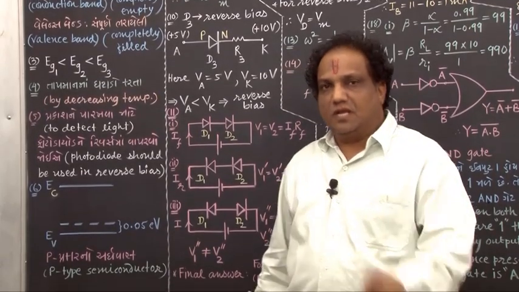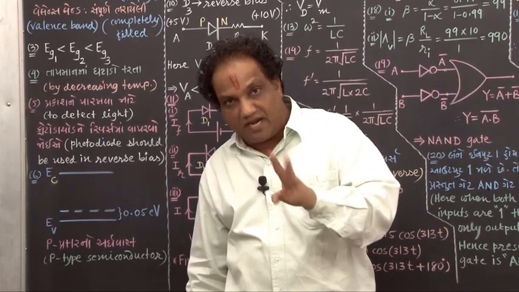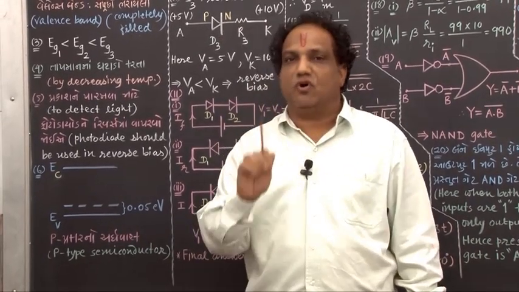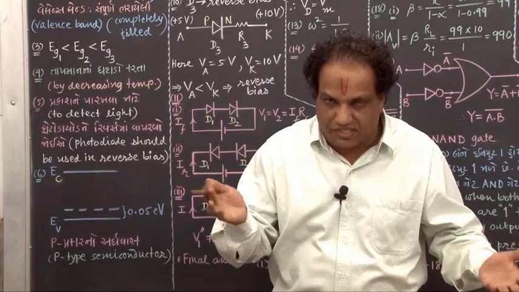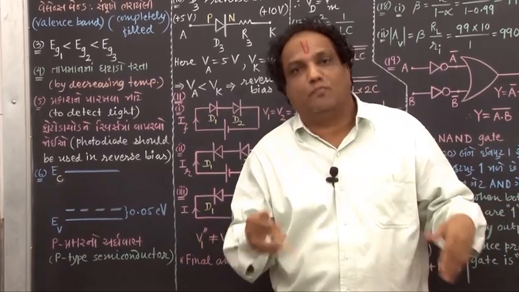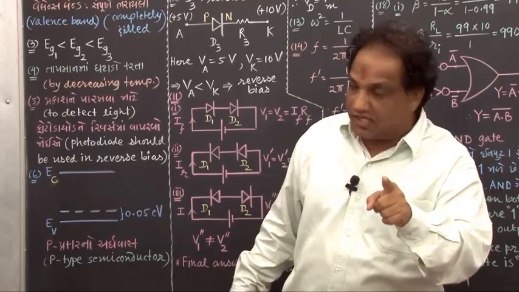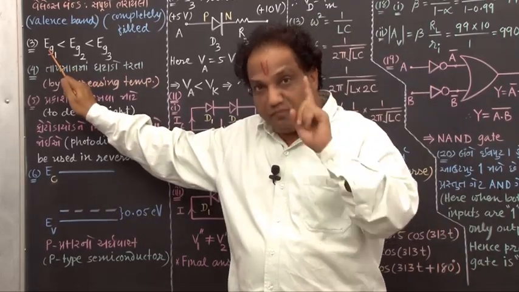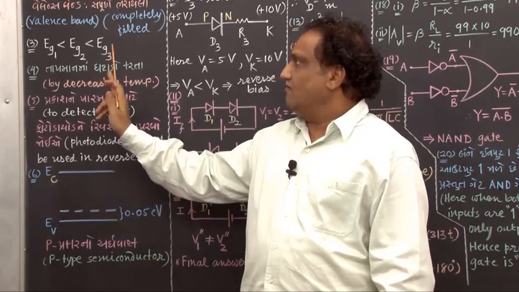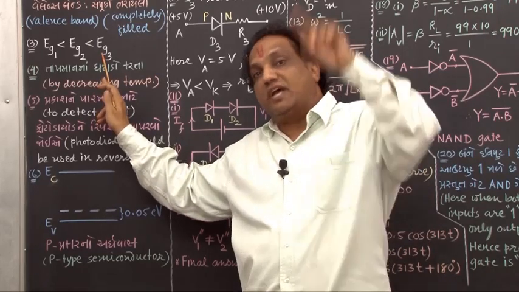Read it? Come on. They are talking about comparison between 3 values of band gap energy. One is for metals, that is good conductors, one is for semiconductors, and one is for insulators or poor conductors. For metals or good conductors, band gap energy is minimum, and for insulators or poor conductors, band gap energy is maximum.